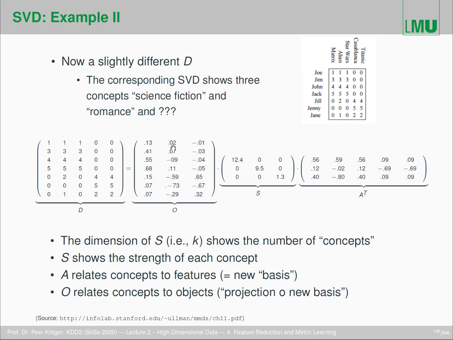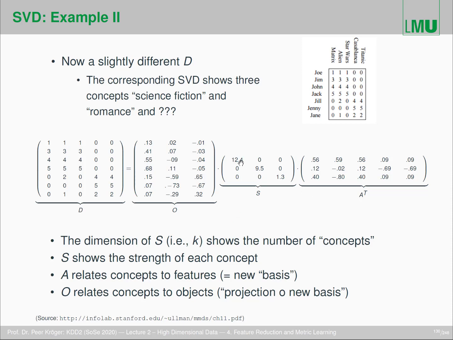And this is the value of the second component, and this is the value projected on the third component. So those are the new principal components, in quotation marks, of course, the new unit vectors representing the new concepts.